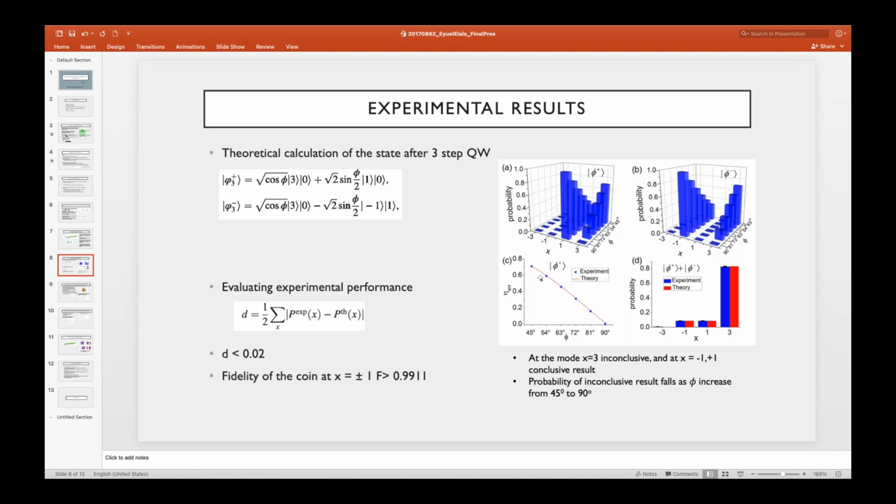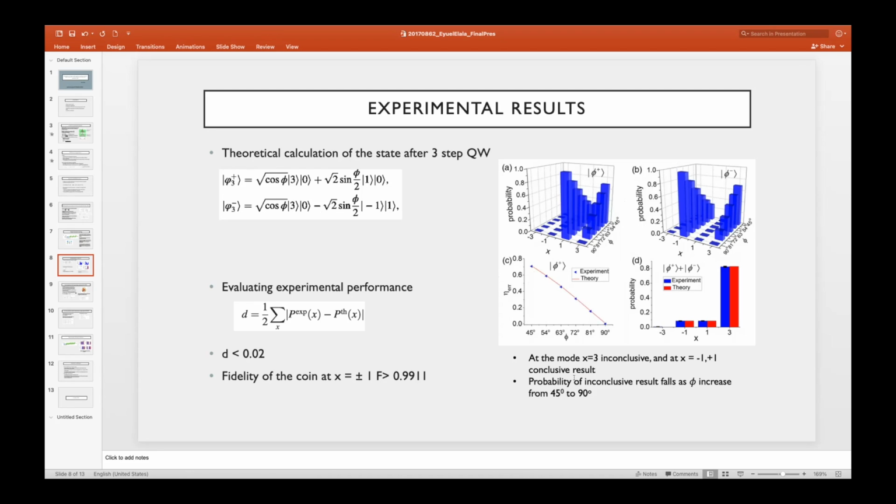If it's an inconclusive result, we say that's maybe a failure or error. That is determined by how close those two states are. For example, if they are orthogonal to each other, then phi would be 90 degrees, so this inconclusive case will happen with zero probability. When you increase theta, the phi angle from 45 to 90, the probability of these inconclusive results goes down to zero.